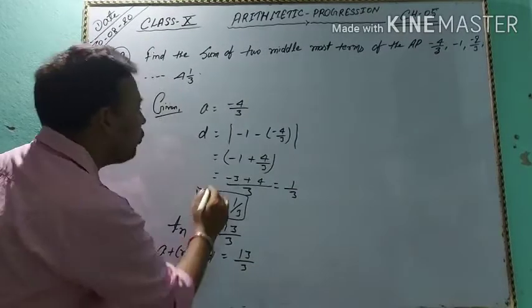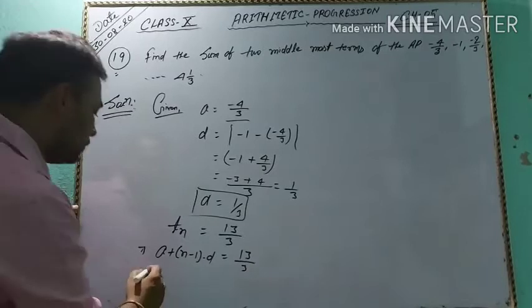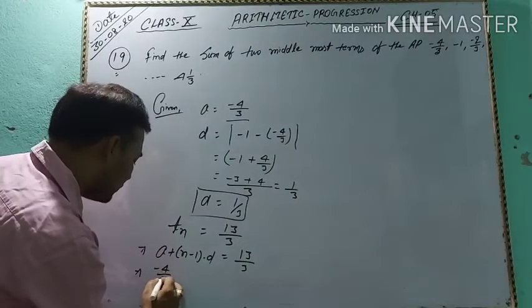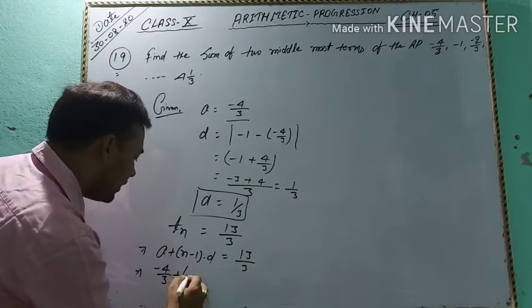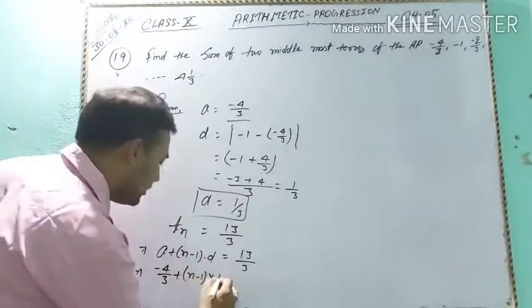Put the value of A and D in Tn. So A is minus 4 by 3, plus n minus 1 into the value of D, which is 1 by 3.